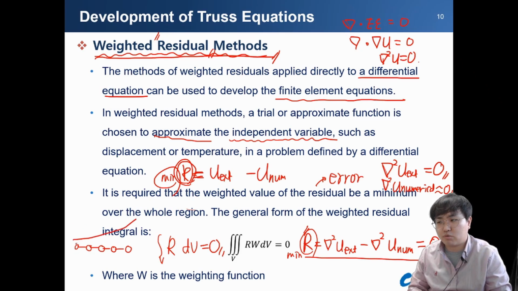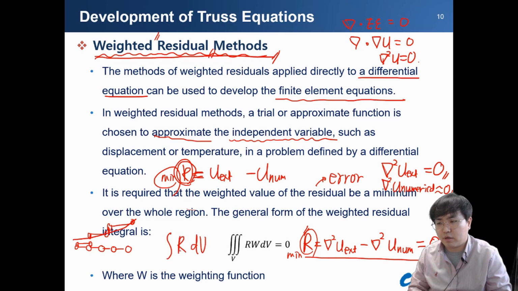However, the numerical solution looks like this. This is some error. So depending on your discretized system, we are going to check the error in the whole domain, so we are going to integrate this error.